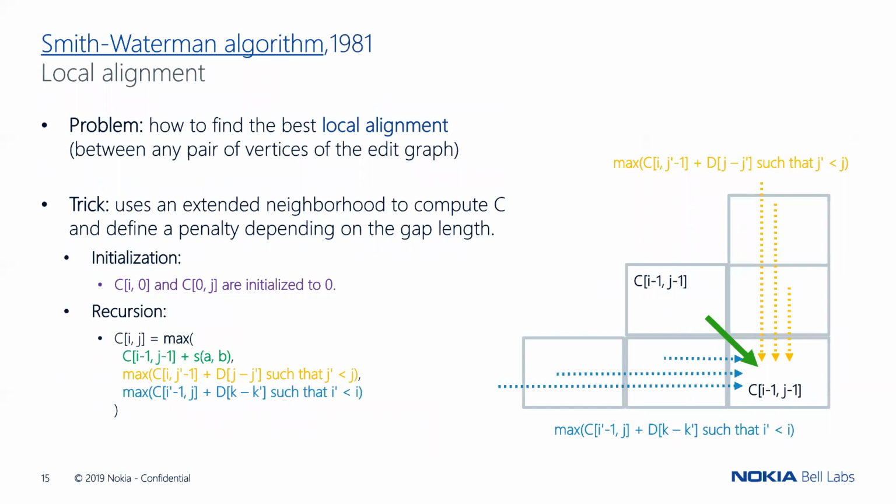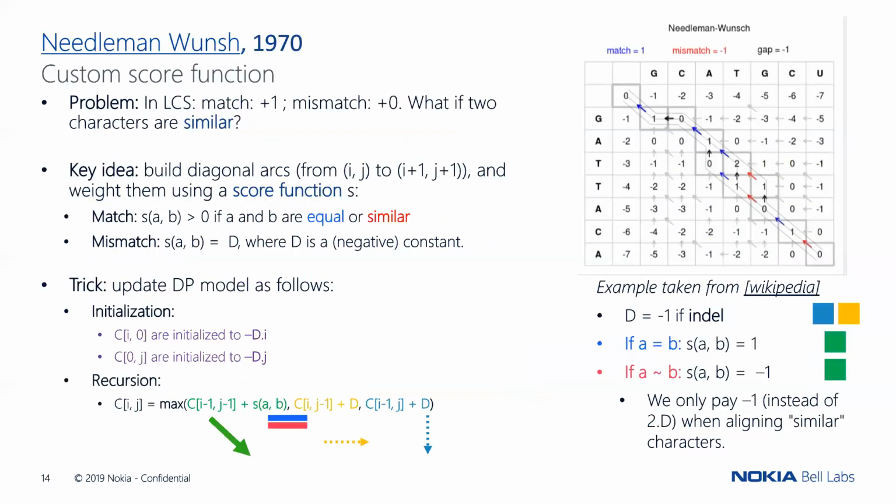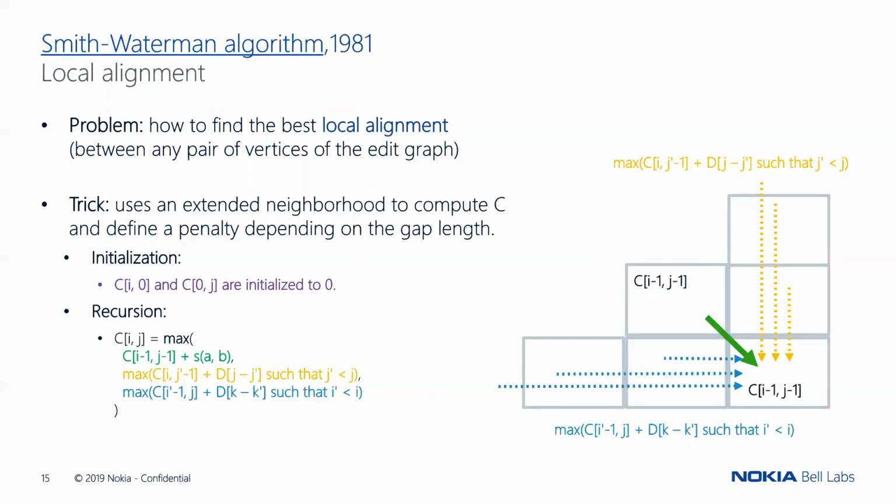Okay, so all that I presented so far computes what we call global alignment. So you find an alignment by considering X and Y in their entirety. And bioinformaticians are often interested in computing what they call local alignment.